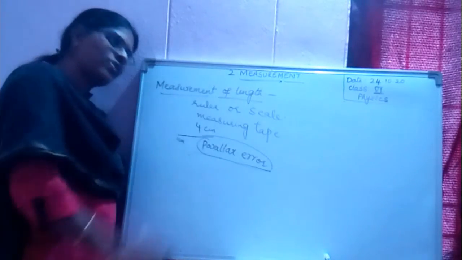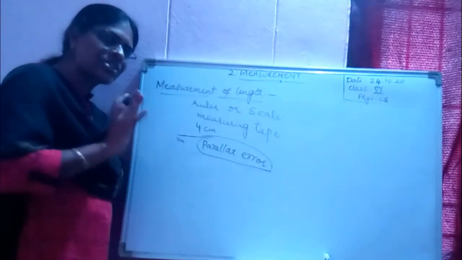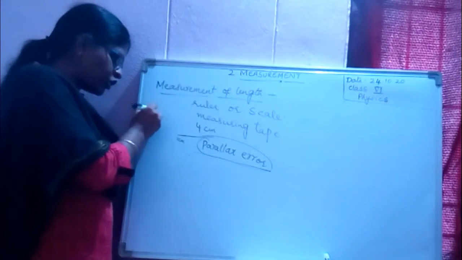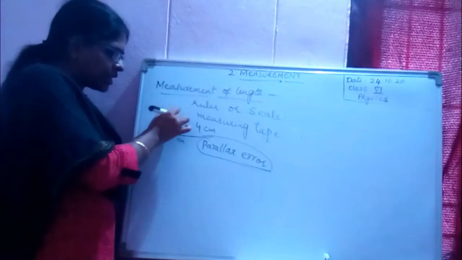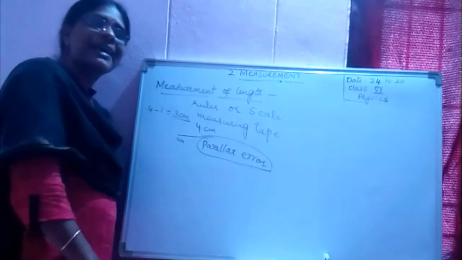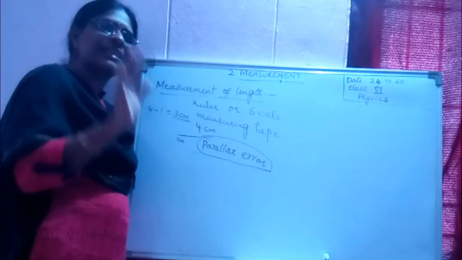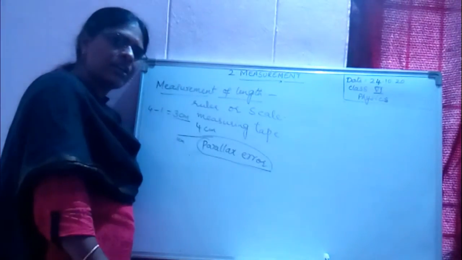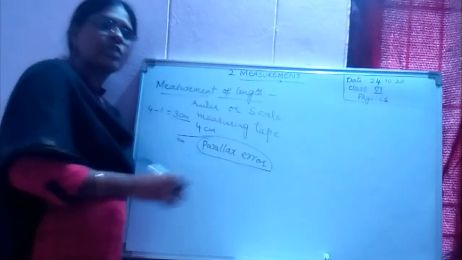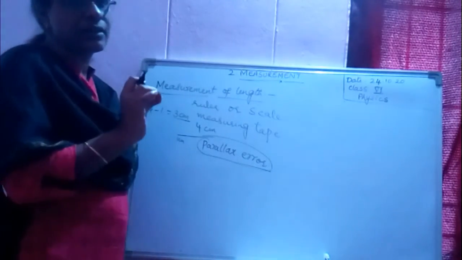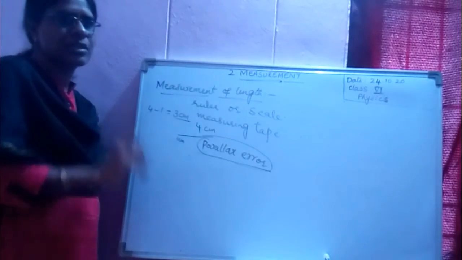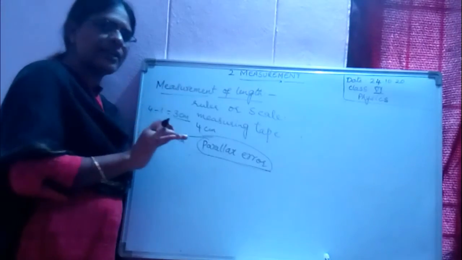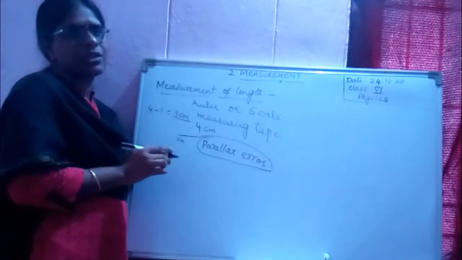Let us suppose I got 4 centimeters. Then it's not the exact value. What you need to do is 4 minus 1: 3 centimeters is the exact length of the object. Here I have taken 4, it can be anything. Like this, you need to measure the length of the object correctly by placing the scale properly along it.